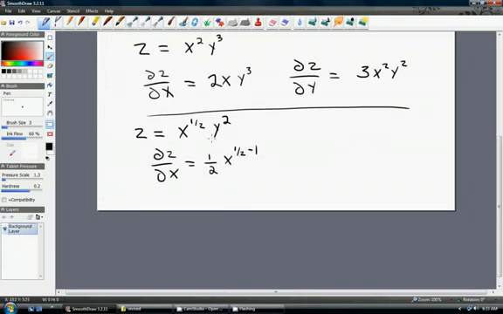Got to subtract 1 from the 1/2. And y squared is hanging around for the ride, just treat it as a constant. And then partial z with respect to y. We're going to get the following result. Derivative of y squared is just 2y, and the square root of x is just hanging around for the ride, and we get the following result.